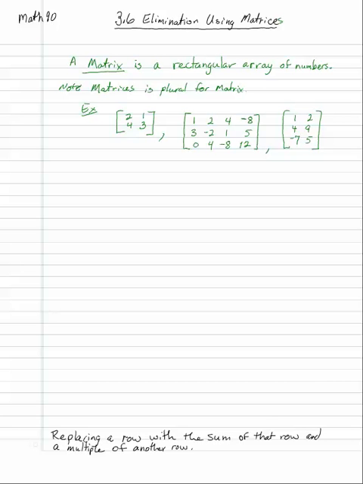The first one, and when we talk about matrices, we talk about the dimension. We always talk about rows, number of rows by number of columns. So the dimension of a matrix.